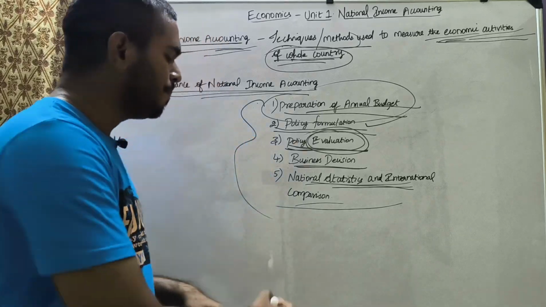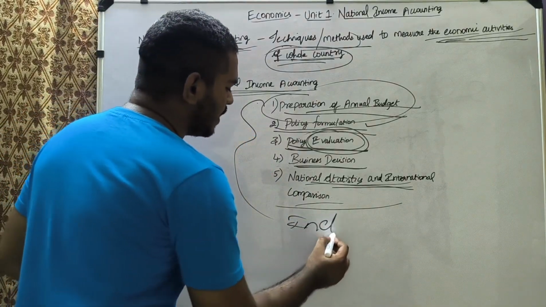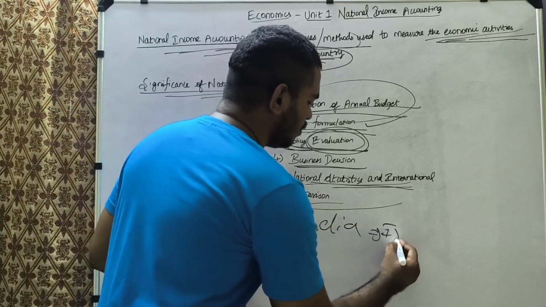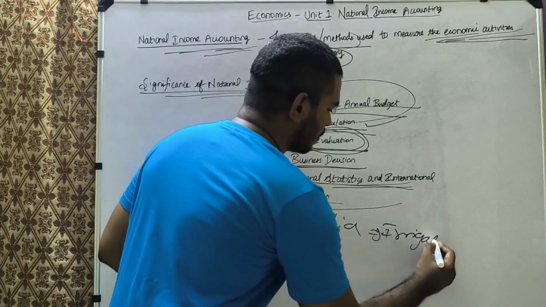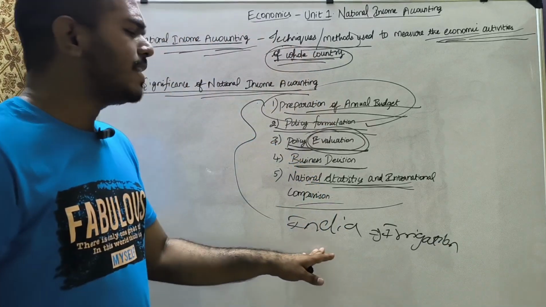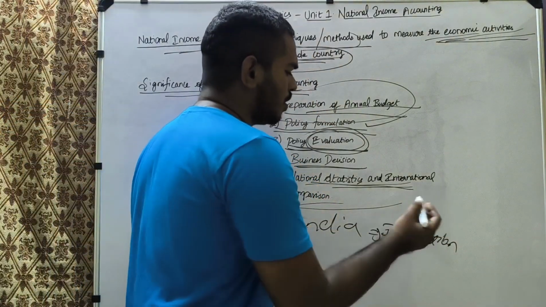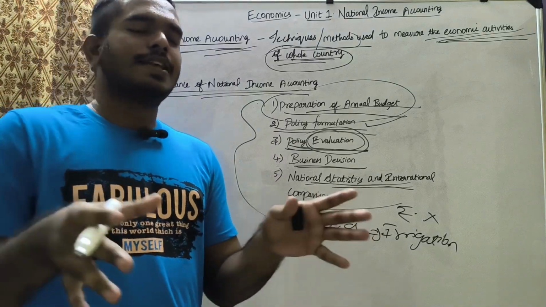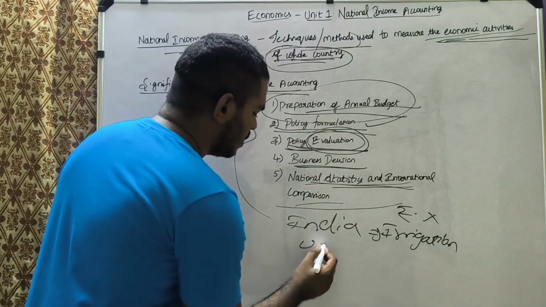Take for example, India is investing a certain amount in irrigation. It may be rupees X. Take another country, for example USA.